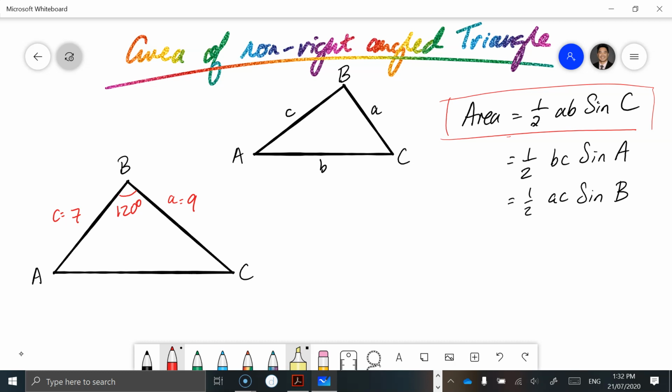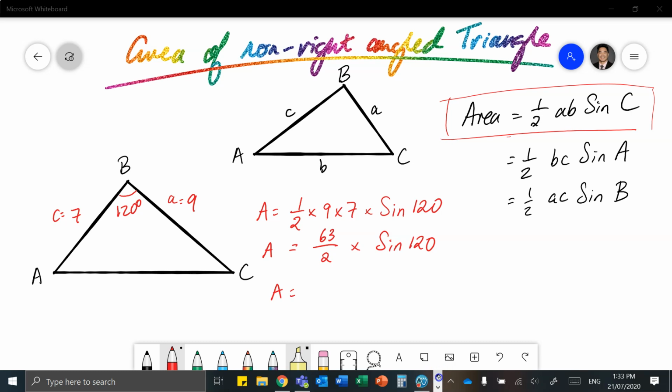Okay, so we've got A, we've got C, and we've got angle B. Let's put that in the formula. So half of 9 times 7 times sine of 120. So 63, so 63 divided by 2 multiplied by sine of 120, and we're looking at the area. Let's put that in our calculator.